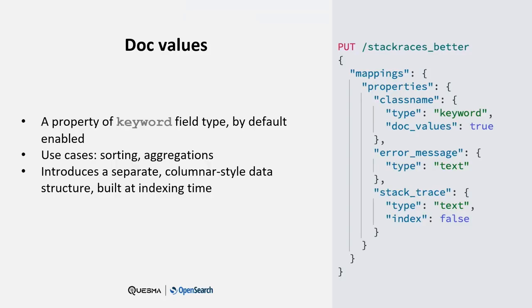And yeah, however, if you remember when I spoke about enabling aggregations via keywords, we cannot finish this discussion without mentioning doc values. Doc values are actually a property of the keyword field type. By default, it's enabled, so you might not notice that this even exists.